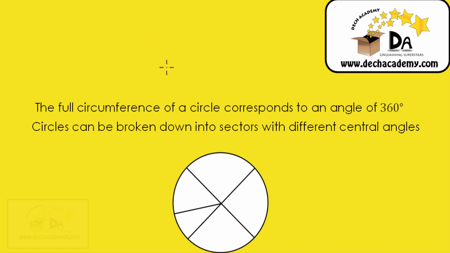Imagine there's some central point here, and I start here and move about this point to form a circle. In essence, I've traversed an angle of 360 degrees, a complete revolution. And that corresponds to forming a full circle.